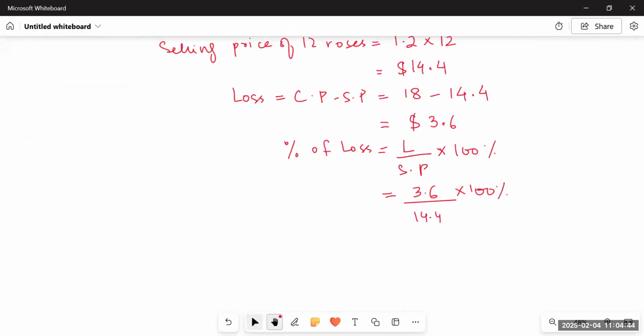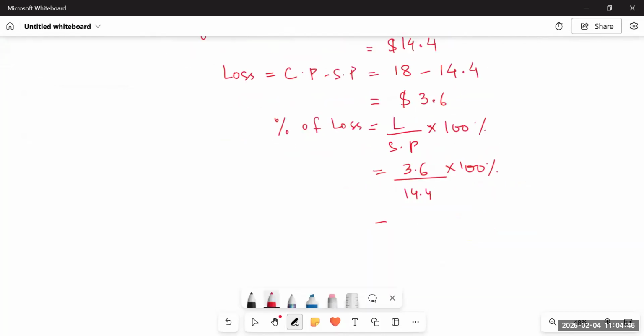If you multiply 3.6 by 100, we will get 360. And then we have to divide it by 14.4. So the final answer would be 25%. It means there is a loss of 25%, right?